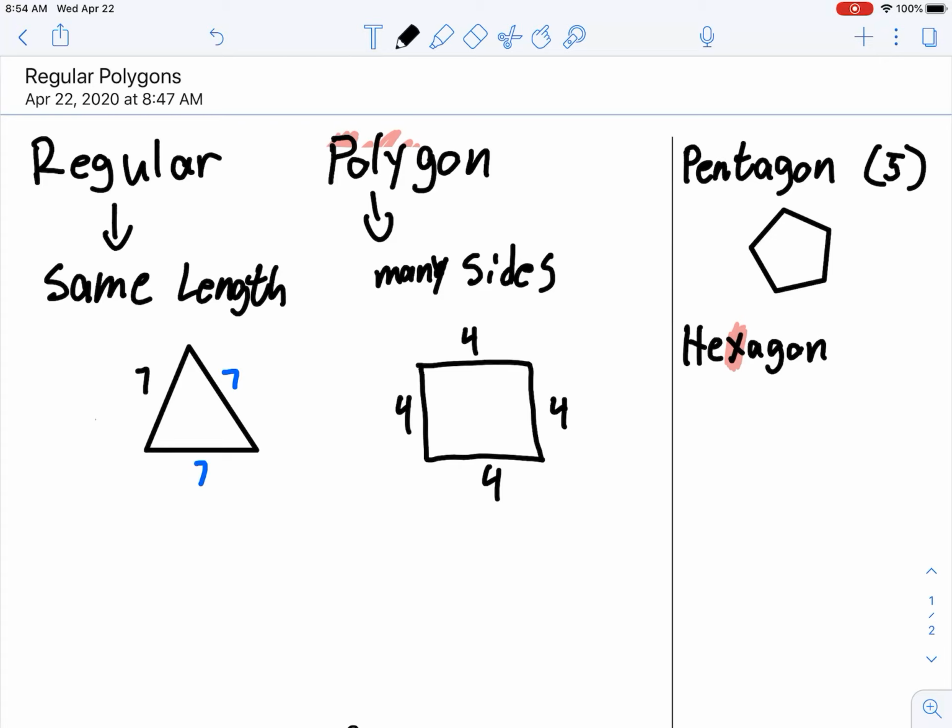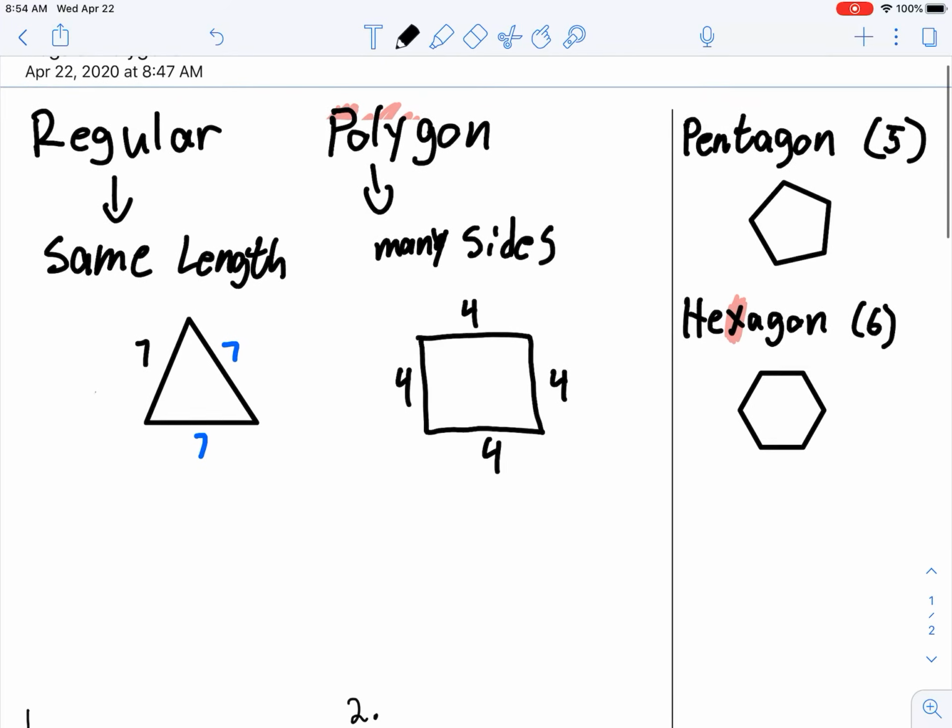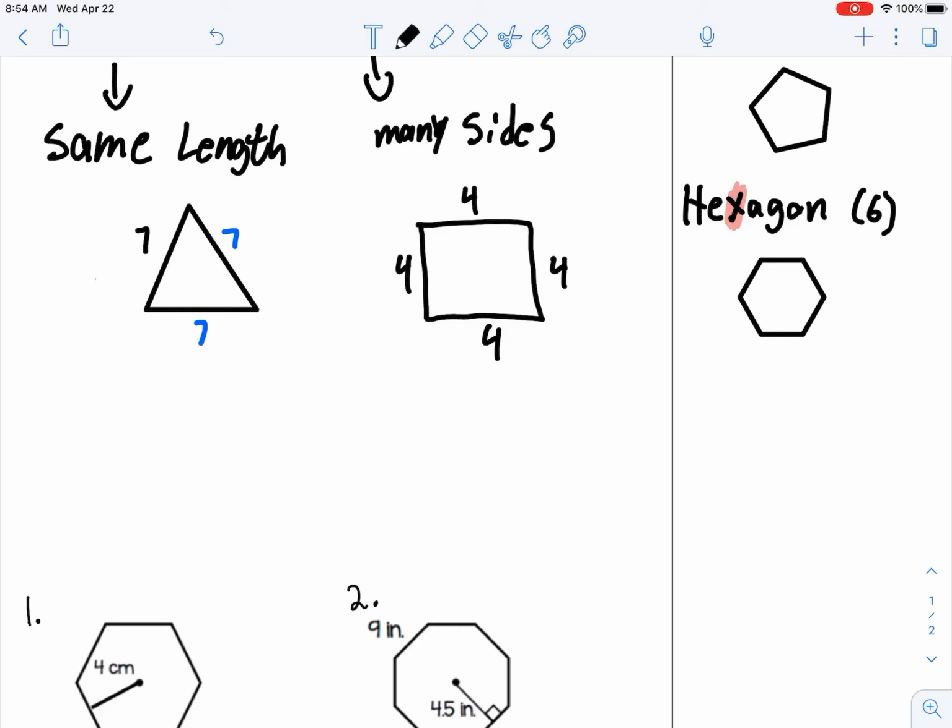Alright, so if I want to draw a hexagon, it looks something like that. Heptagon, 7.